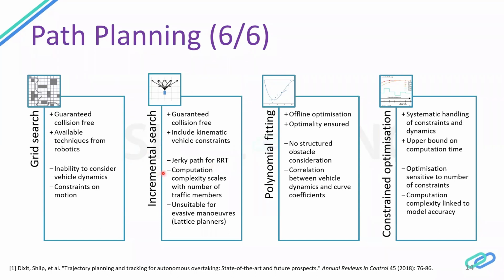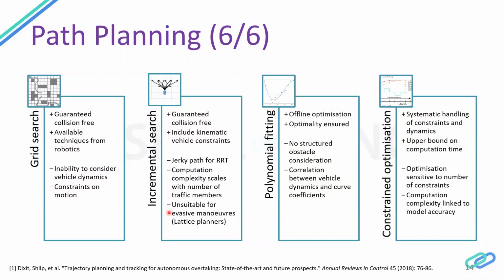Also with these techniques, the computational complexity scales very rapidly with the number of traffic members you have. For example, if the algorithm takes 1 millisecond to solve with no traffic around, it will maybe become 10 milliseconds with one traffic member and maybe 200 milliseconds with 5 traffic members. That's non-desirable in real-time applications where you might want the path to be available at every sampling time of, let's say, 20 milliseconds.